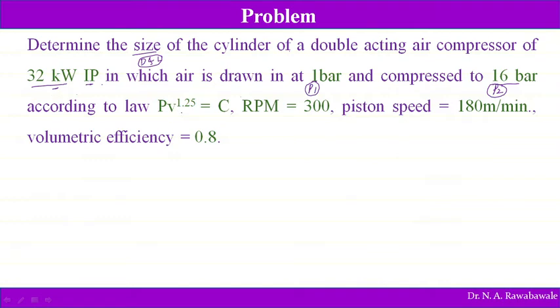According to the law PV^1.25, the small n value is 1.25. The speed at which it runs is 300 rpm, the linear speed of the piston is 180 meters per minute, and the volumetric efficiency is given as 0.8.